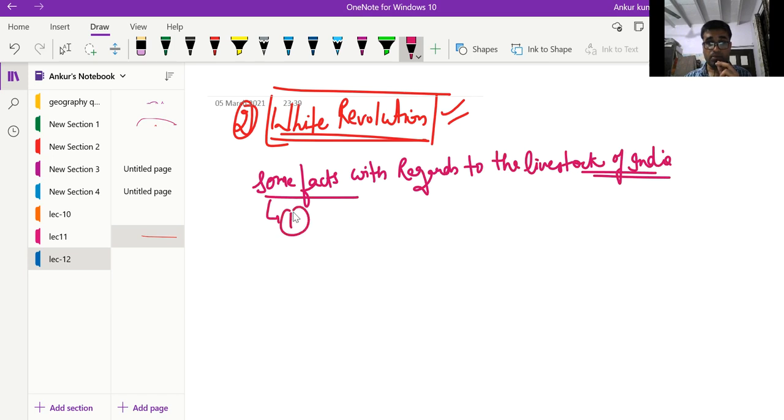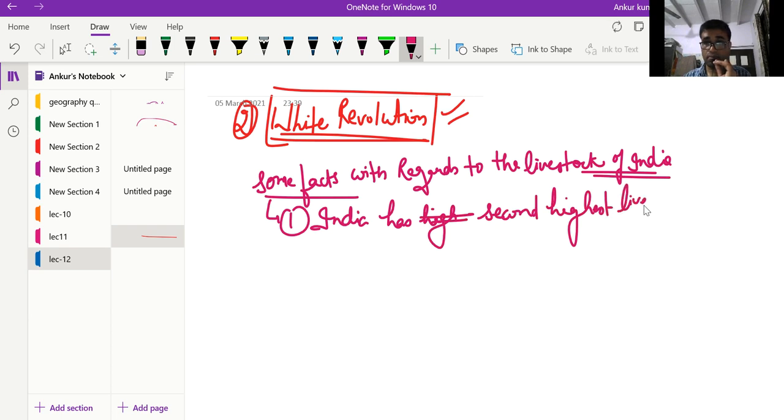Fact number one is that India has the second highest livestock population, not highest. And guess who is the first one? The first one is Brazil.